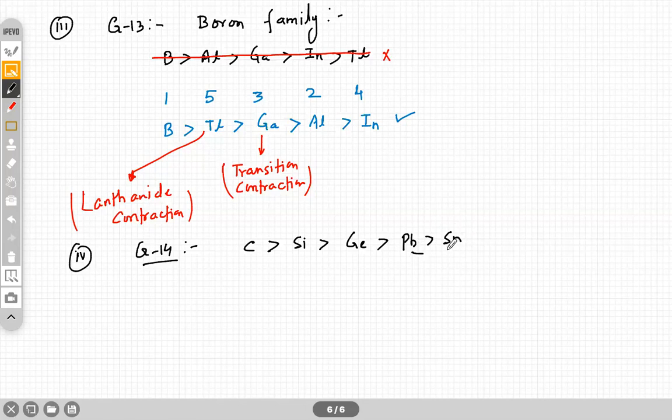So here we have a change, right? This change, could you tell me the reason for this? The reason is lanthanide contraction. Yeah, the reason is again here lanthanide contraction.